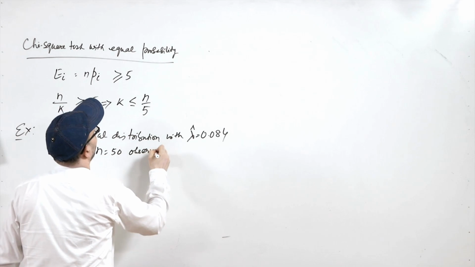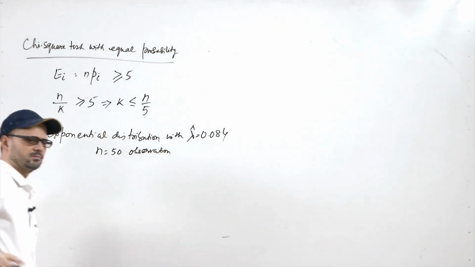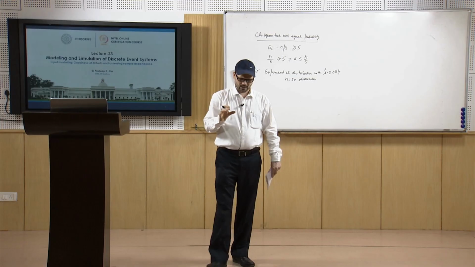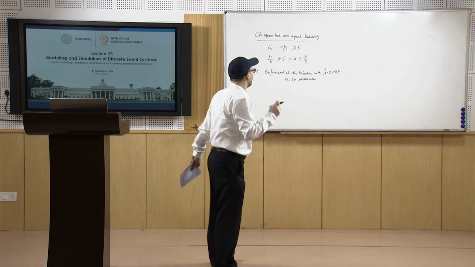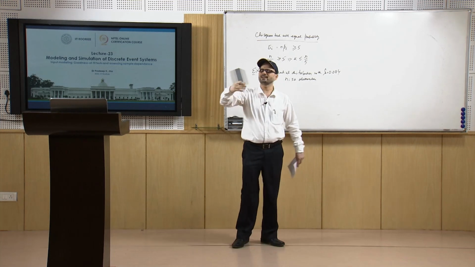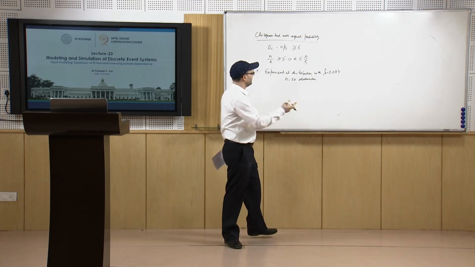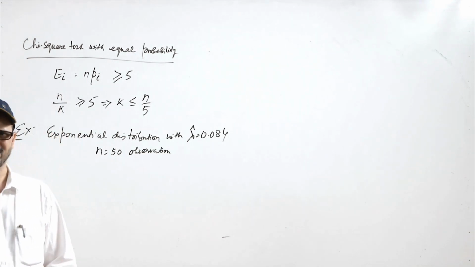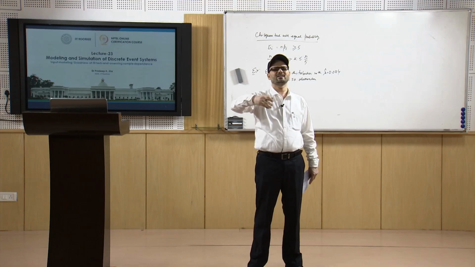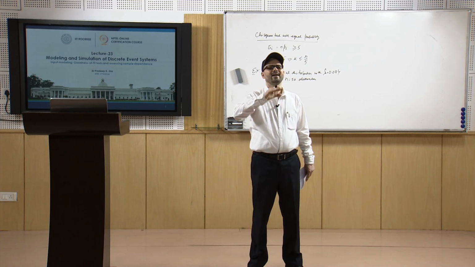So, how to find the intervals? In this case we have the data, and from that data we get the x bar. So, you get the sample mean, and from there the lambda estimator, which will be 1 by x bar. For exponential we know that the lambda estimator is 1 by x bar.